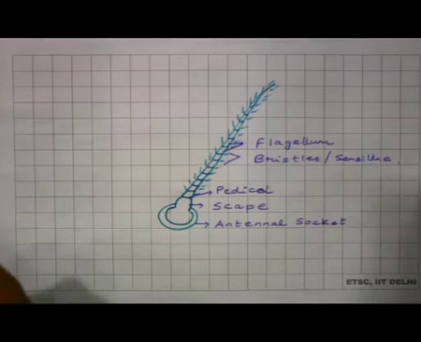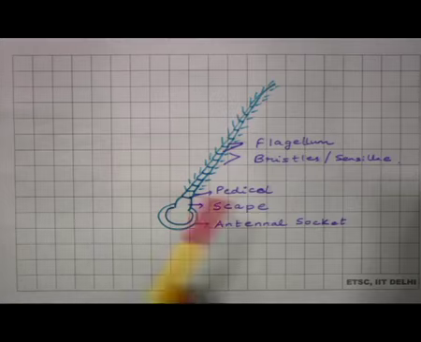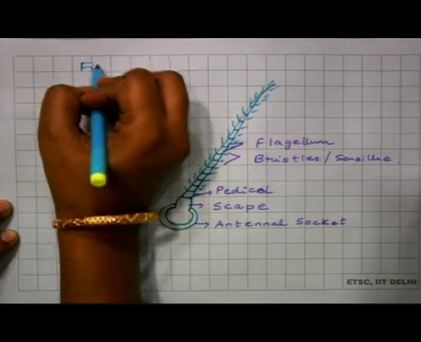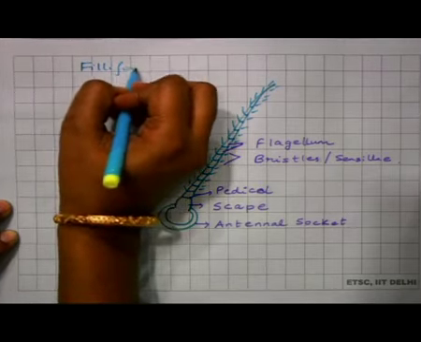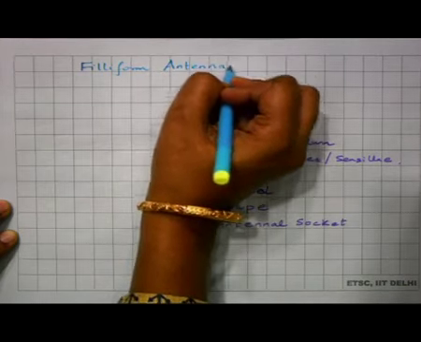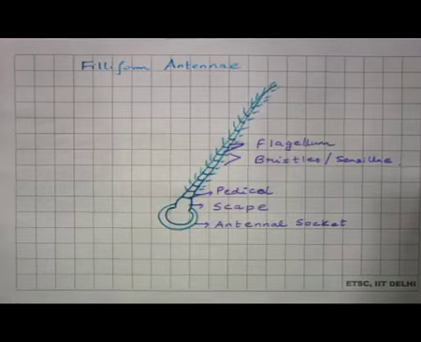It can sense the food particles or the insects or potential danger. So, this is also known as filiform type of antennae, which is seen in the case of cockroaches.